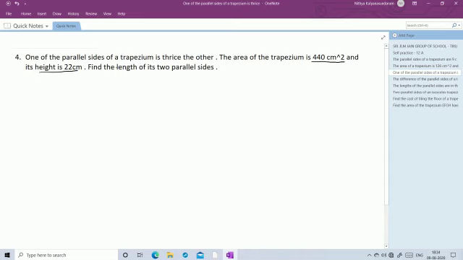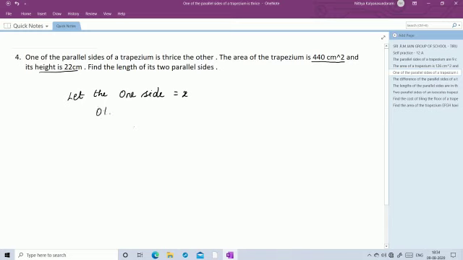So first let's consider one of the parallel sides to be x. The other side is thrice the other, so it should be 3 into x, which is 3x.